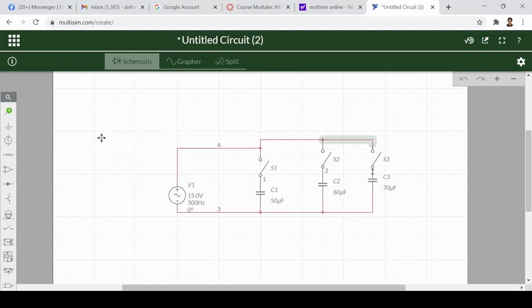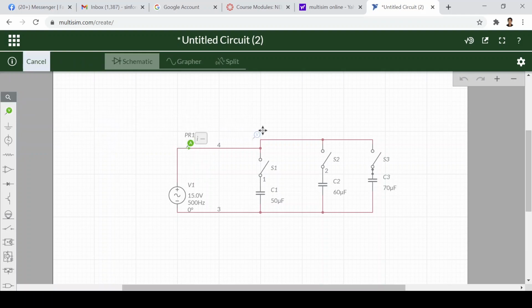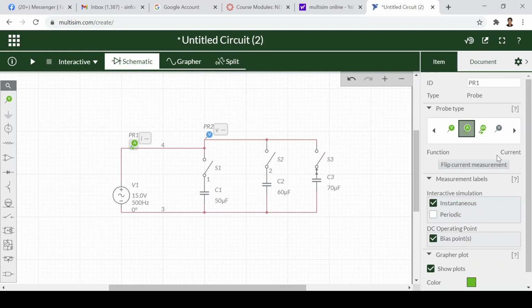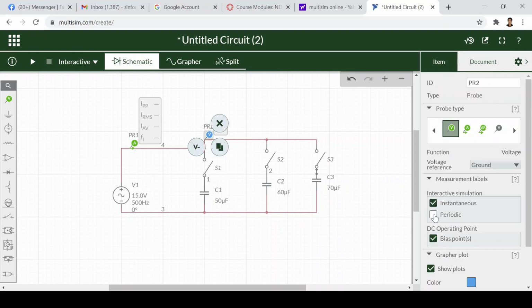Then add the meters, the ammeter and the voltmeter. I'll set this, the period, and the ground.